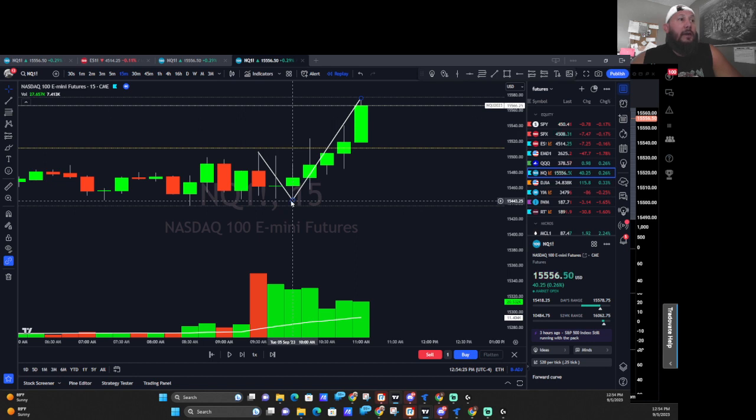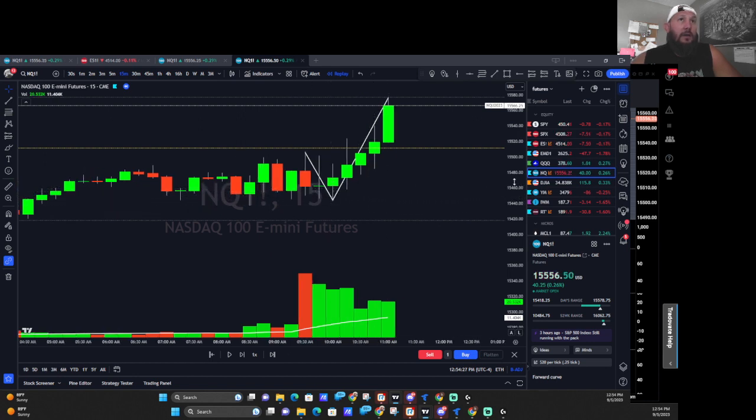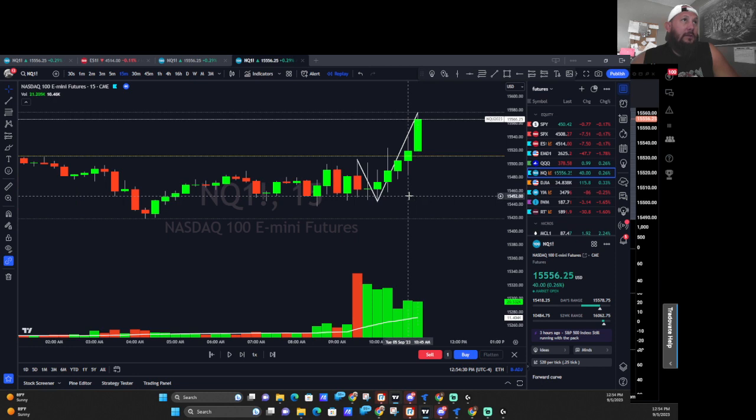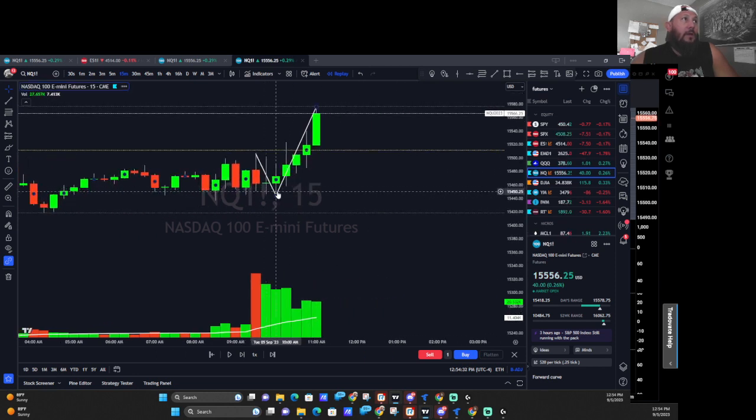So starting with this candle right here at 10 o'clock, you had a lot of upward motion, right? You had constant green candles. That simply means that it was closing higher than it opened.